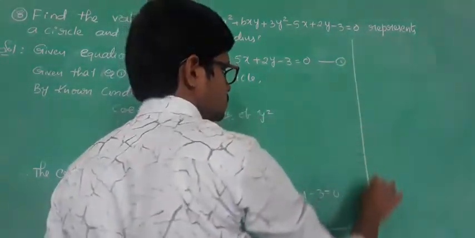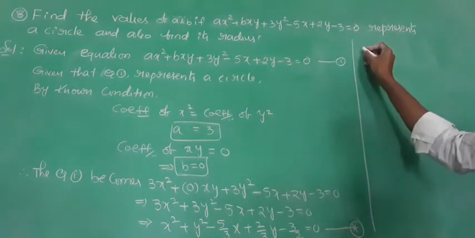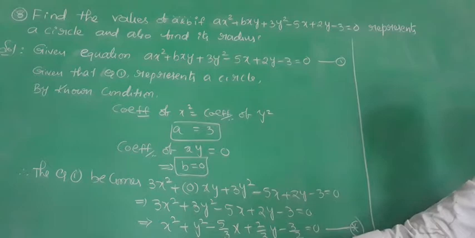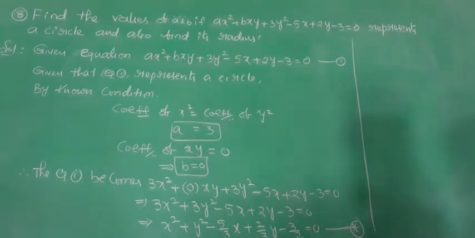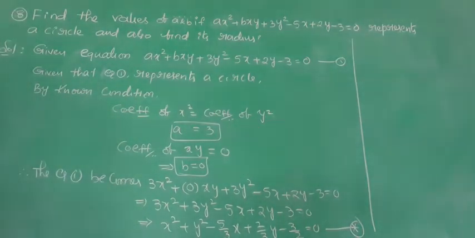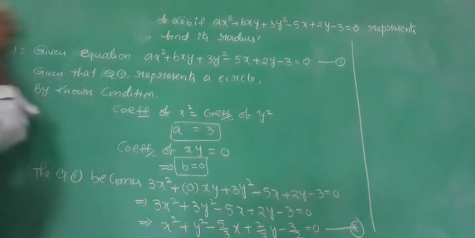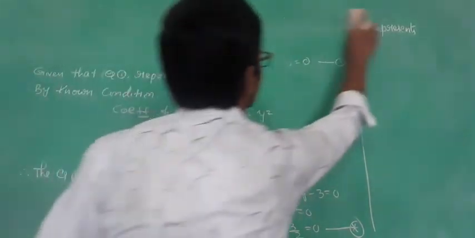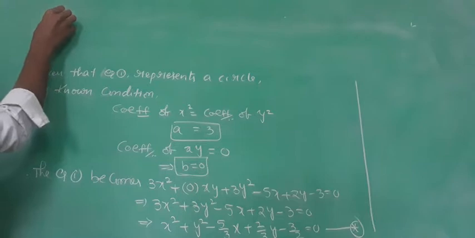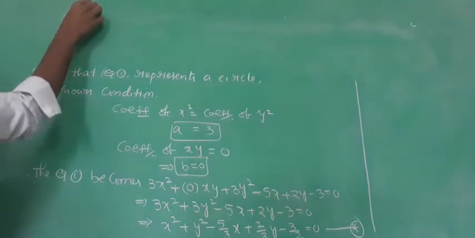Now compare this equation with x² + y² + 2gx + 2fy + c = 0.